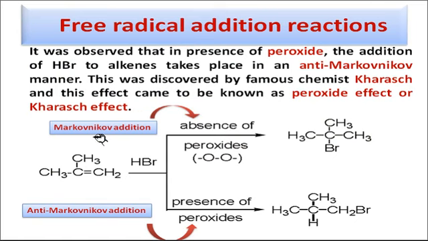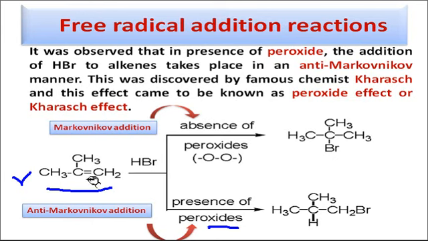Now, let us consider an important reaction, that is the reaction of 2-methyl propene with HBr in the presence of peroxide. We know that this is an unsymmetrical alkene.